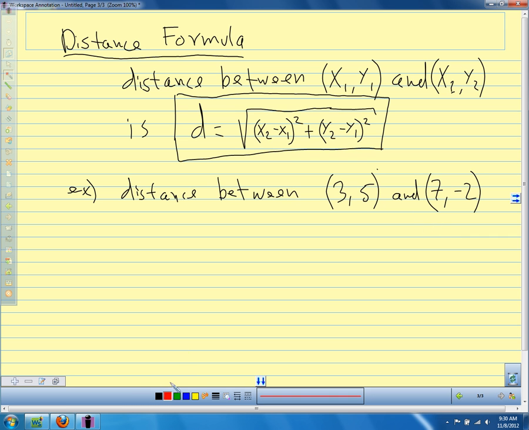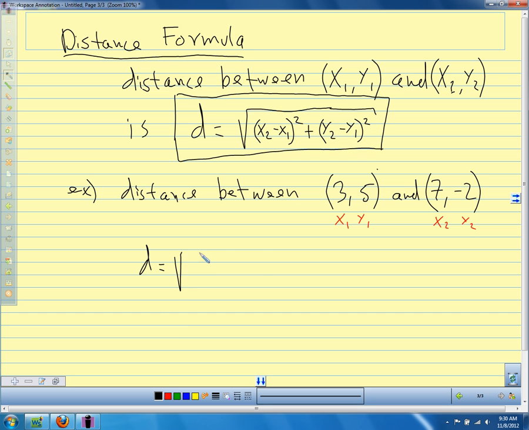So again, I suggest that you label your points. I'm going to call this one x1, y1, x2, y2. It doesn't matter which one you call x1, y1, x2, y2, as long as you keep the 1's together and the 2's together.